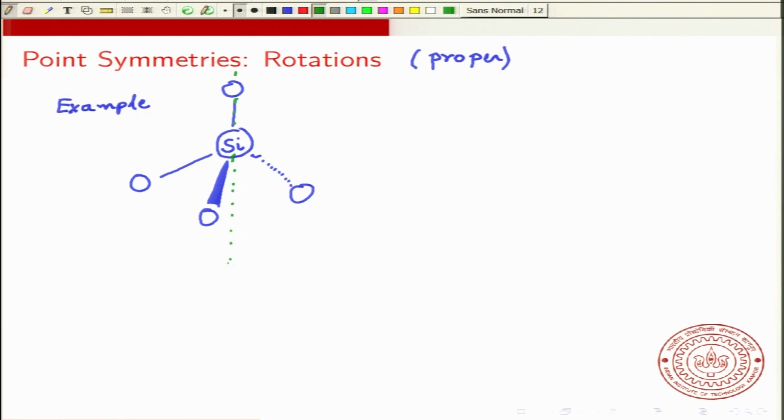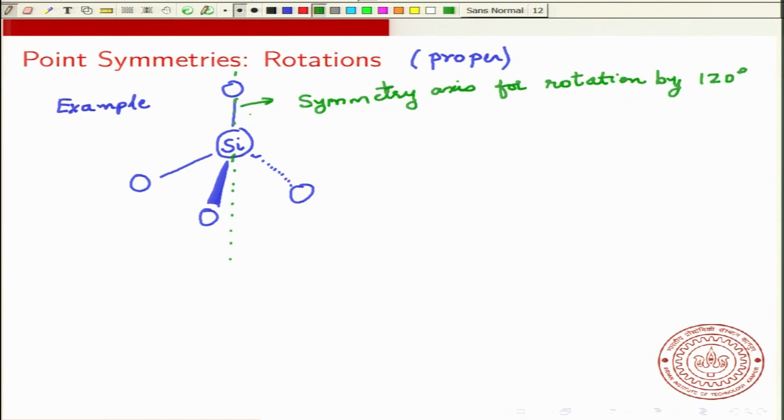Now you can see that this axis is a symmetry axis for a rotation, and it is a symmetry axis for rotation by a specific number, rotation by 120 degrees.